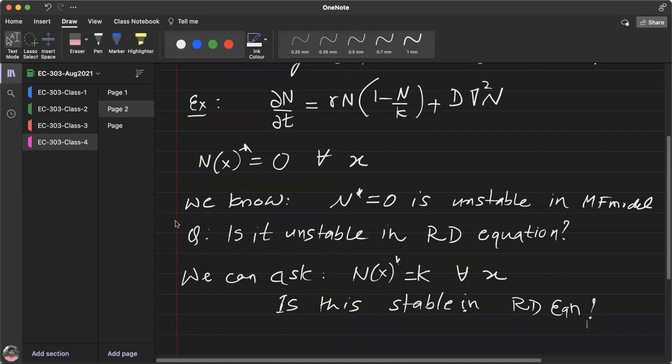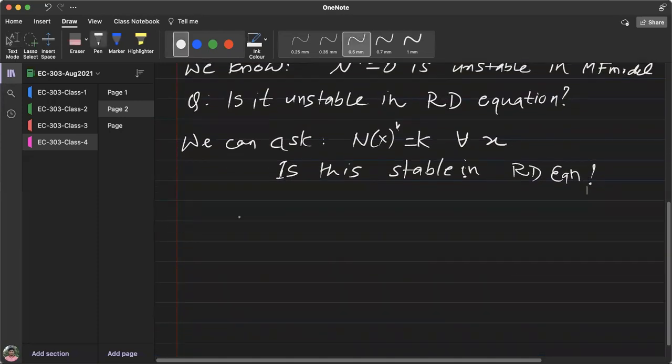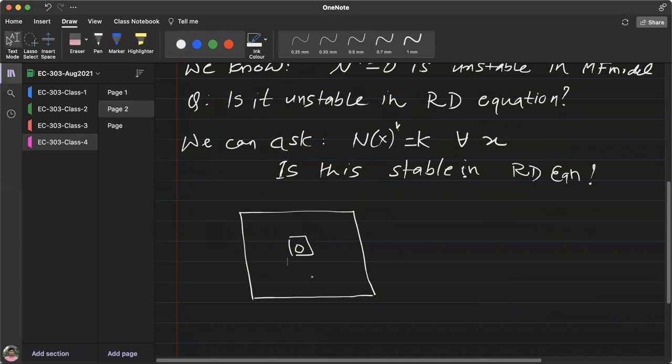Okay. So let me try to present your argument using my horrible drawing skills. What you're saying is, let's say that there is one grid there. Let's say everywhere we have 0, the zero homogeneous equilibrium, or the extinction homogeneous equilibrium.